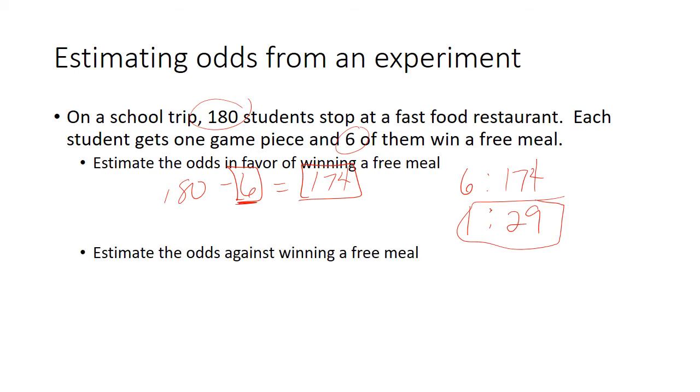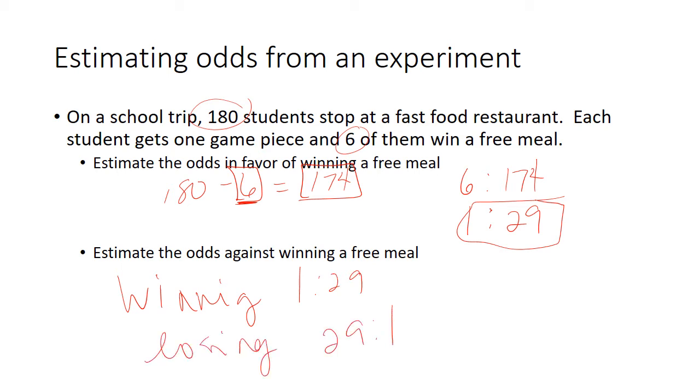So the odds against winning the free meal are just going to be flipped. If the odds of winning are 1 to 29, then losing would be 29 to 1. We just flip it around, because remember, the odds for have your wins to losses, and your odds against have your losses to your wins.